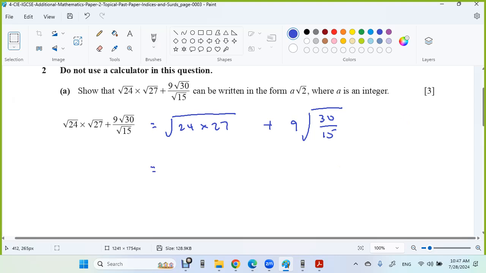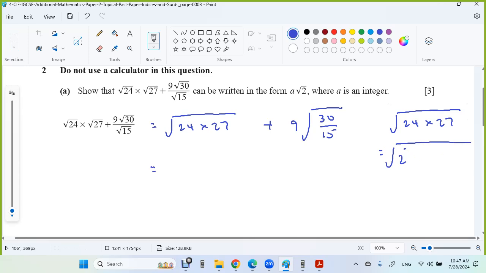So this one is actually equal to 2 to the power 3 times 3 to the power 3. 8 times 3.